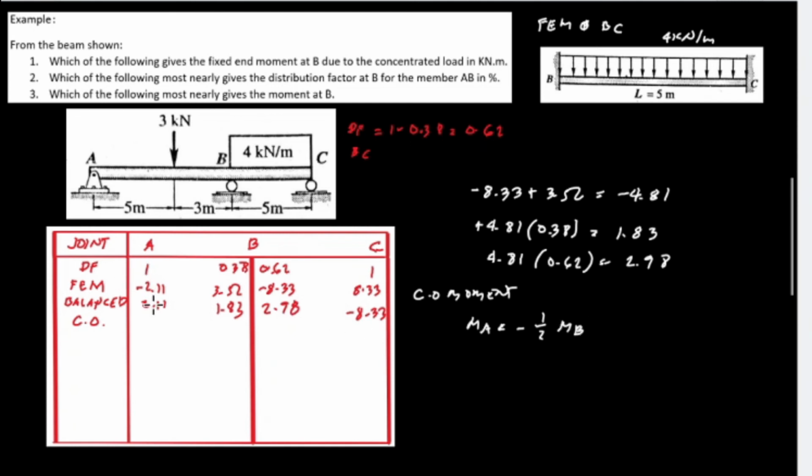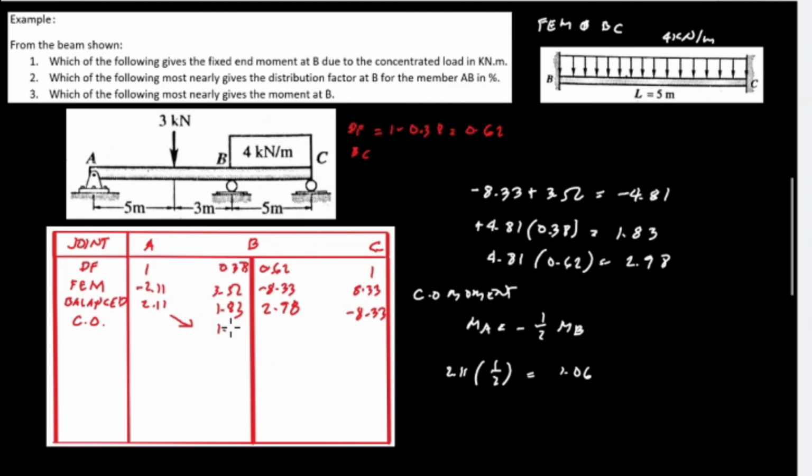And at joint A, 2.11 carryover at joint B of BA. So the carryover from the balance, that's 2.11, and we'll multiply by 1/2 of the value, which is equal to 1.06.